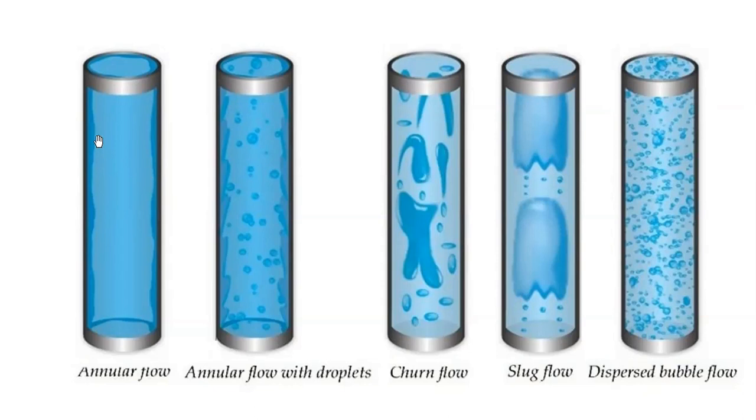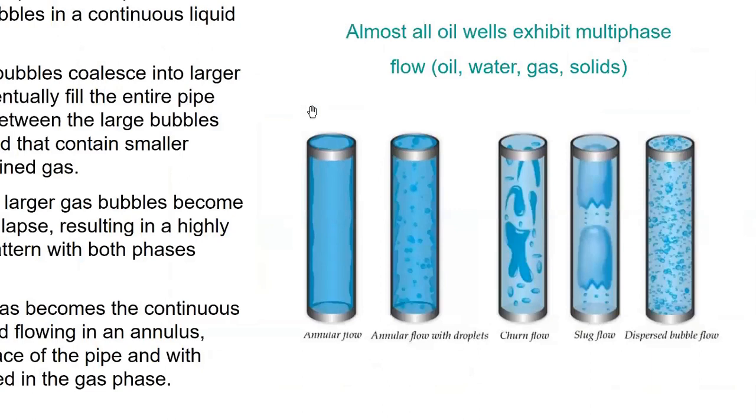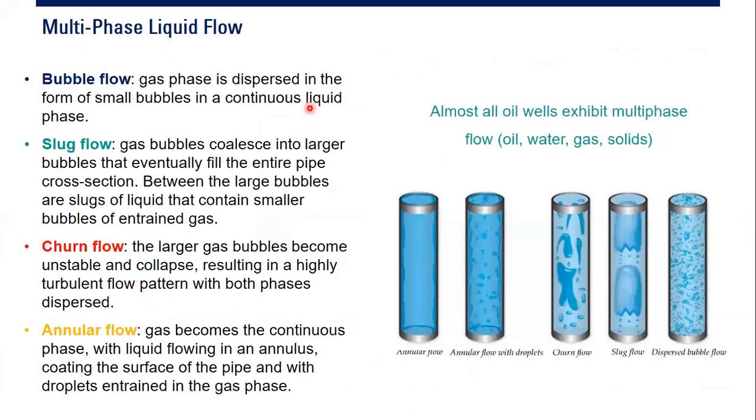If we go to the left, the continuous phase is the gas phase, whereas the liquid also flows continuously, but on the wall of the pipe. So this is the multi-phase flow regime.